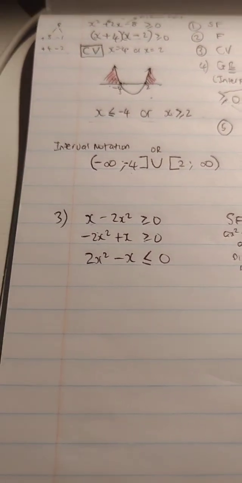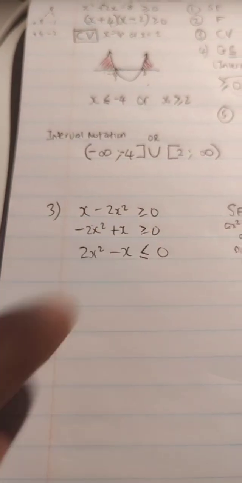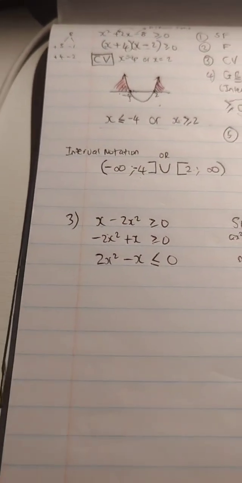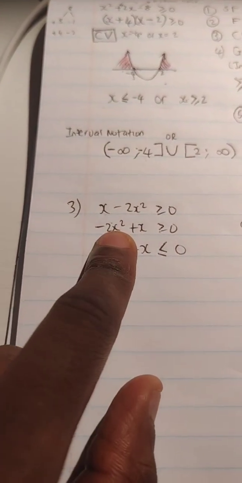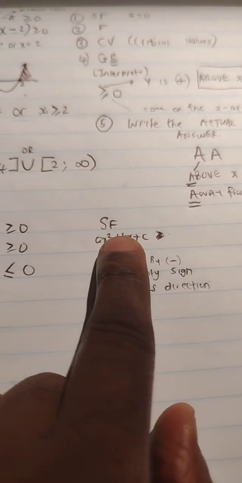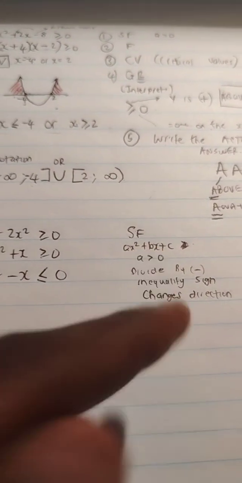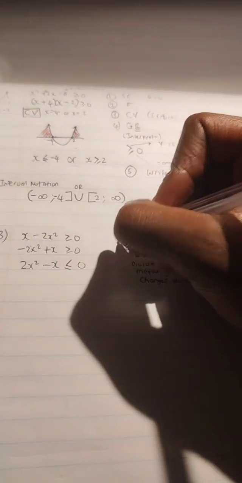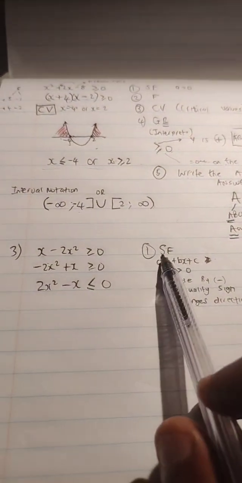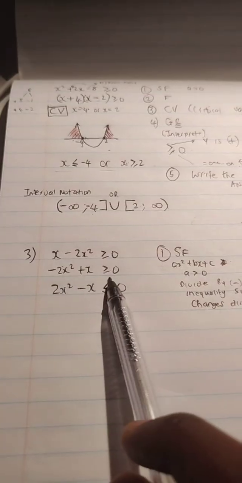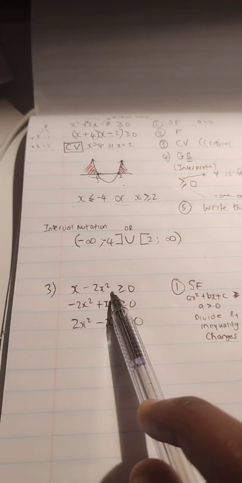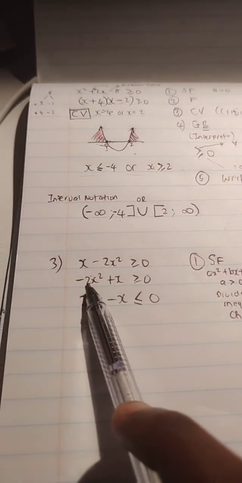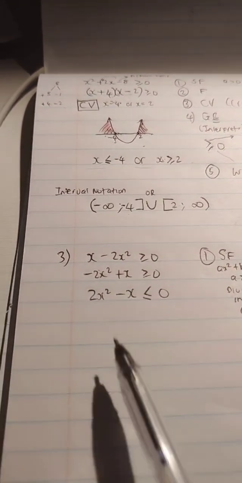All right, I had x minus 2x squared. I changed the order because I want standard form. The first step required is to ensure the inequality is in standard form. So I have negative 2x squared plus x greater than or equal to 0.